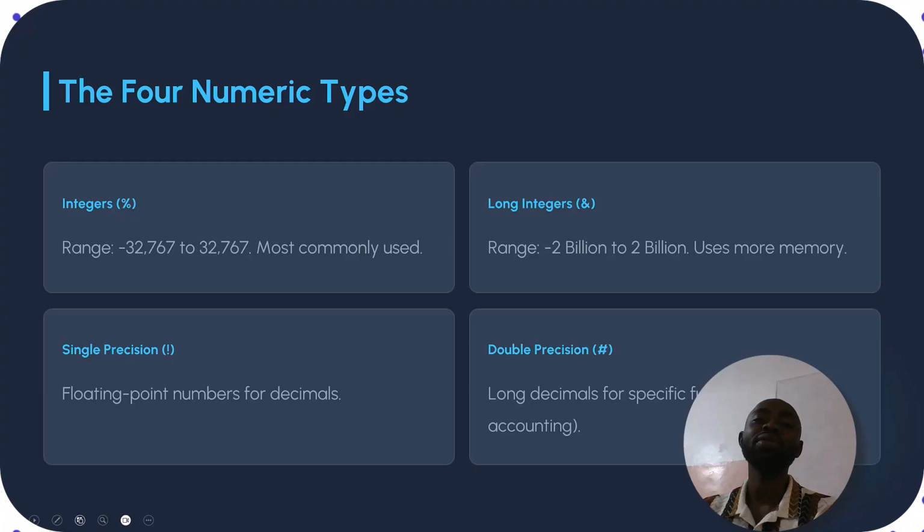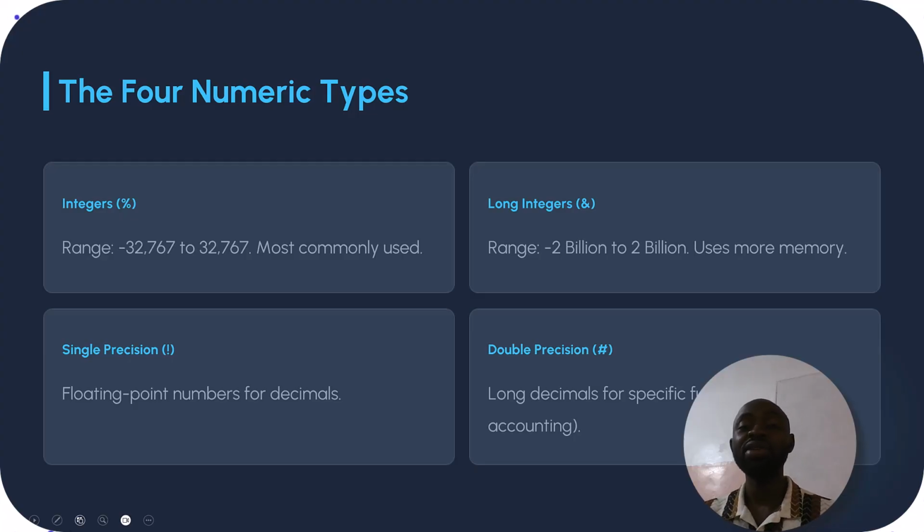We can talk about integers, which are numbers. We can talk about long integers, which are also numbers, single precision and double precision. For the integers, we are looking at numbers within the range of negative 32,768 to positive 32,767.